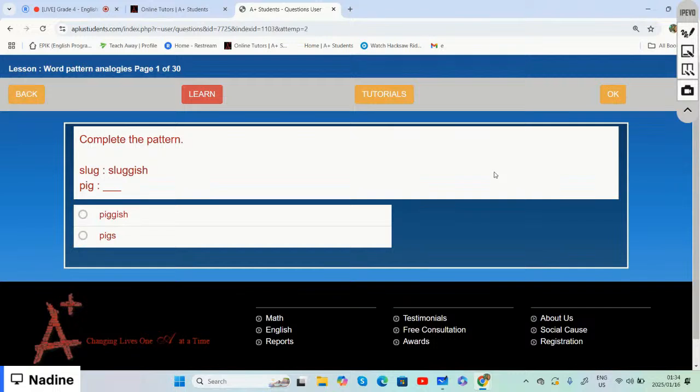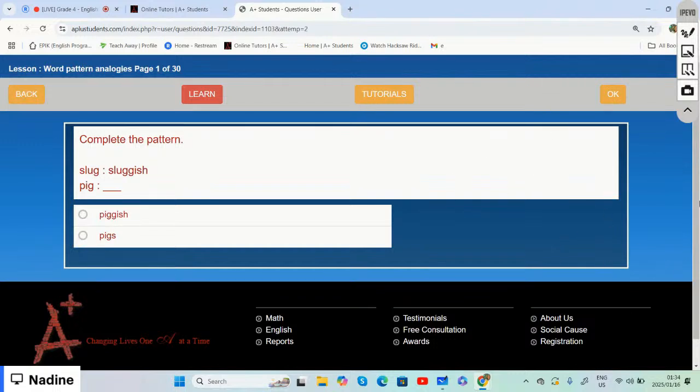The next one says sluggish. So we need to complete the sentence.